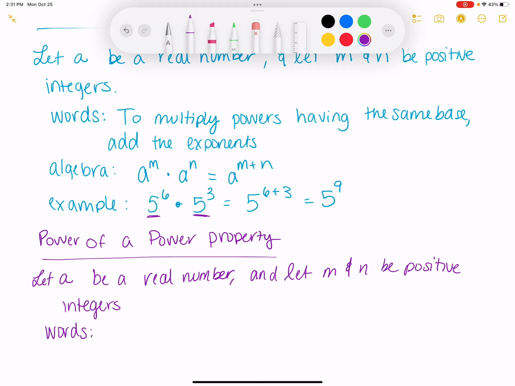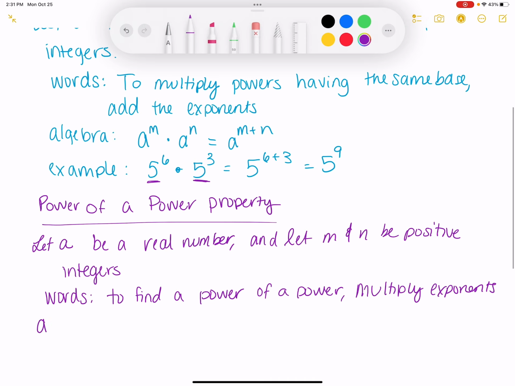In words, to find a power of a power, multiply the exponents. So over on that poster over there, that would be the third option, that third bullet point.